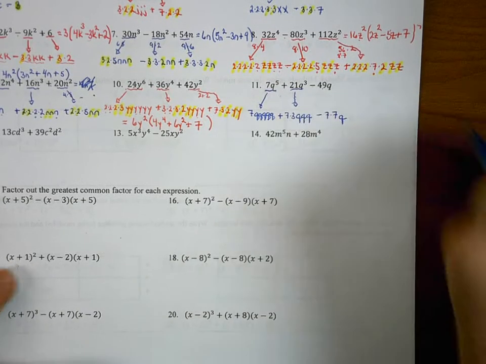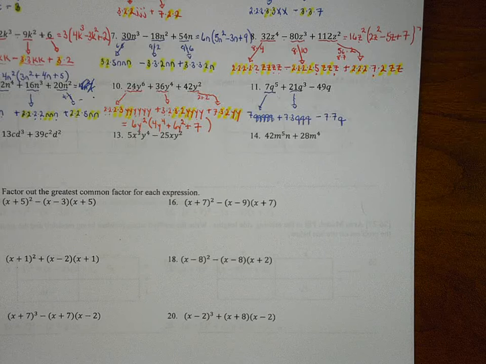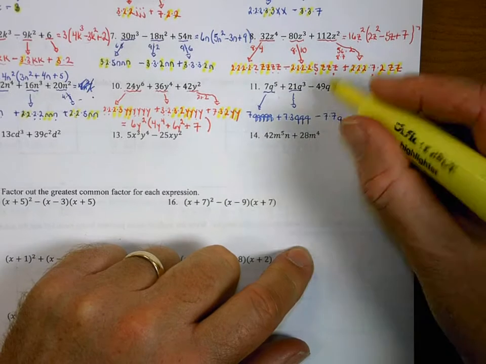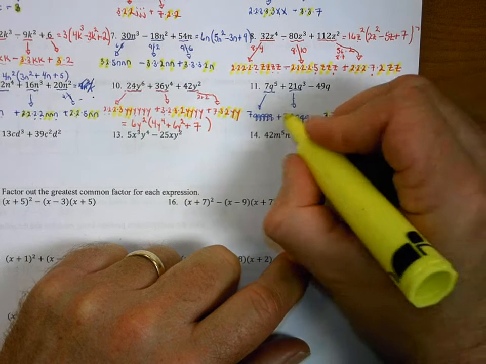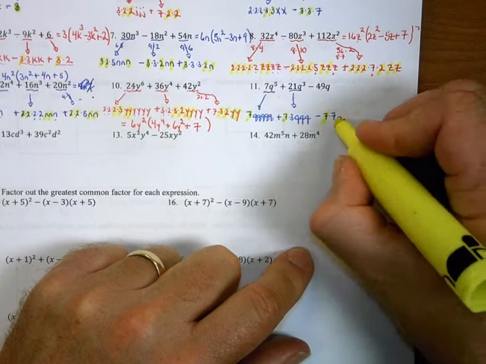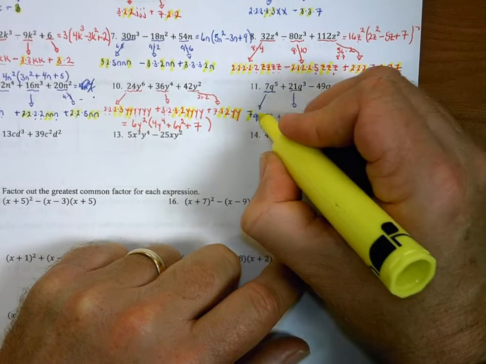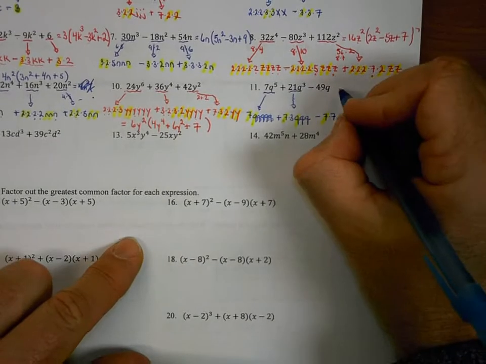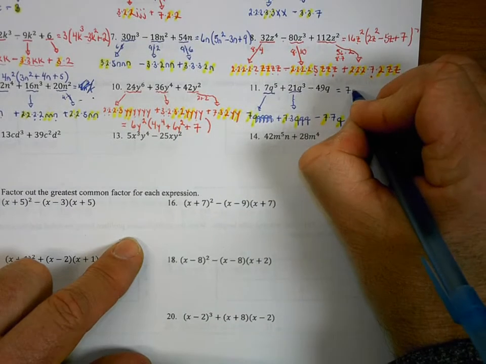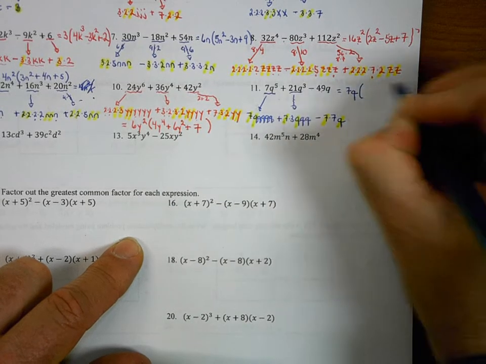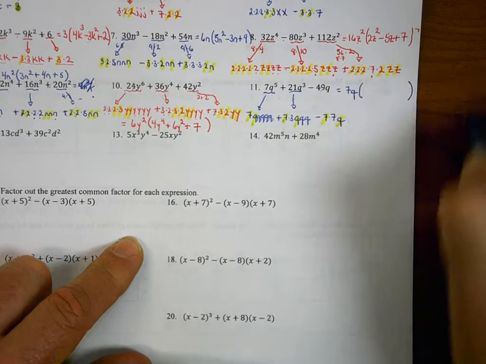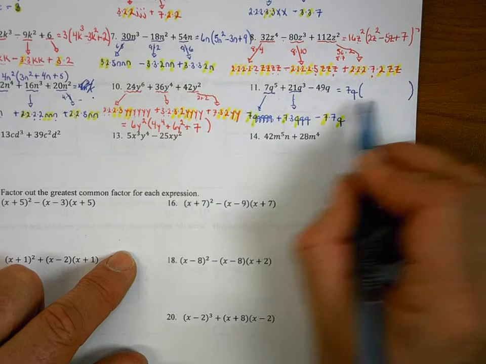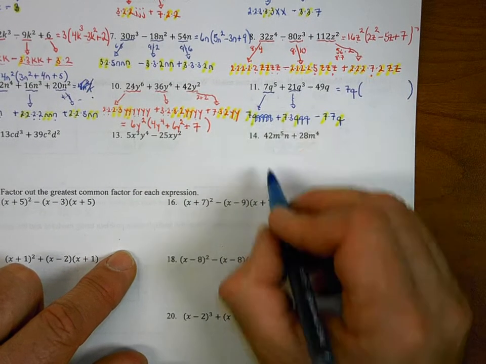Now I'm going to look to see what's in common between all 3 lists. We can see they all have a 7. They also have 1 q in each one of the lists. So my greatest common factor is 7q. So I put equals 7q. There's my greatest common factor, and then I'm going to draw a parentheses and write down what I would multiply 7q by in order to get back to my original trinomial, and that's the leftovers.